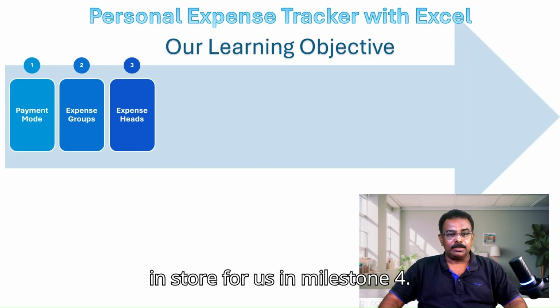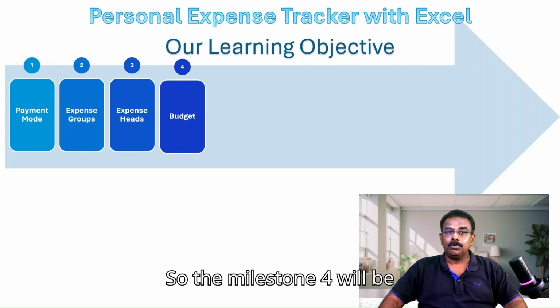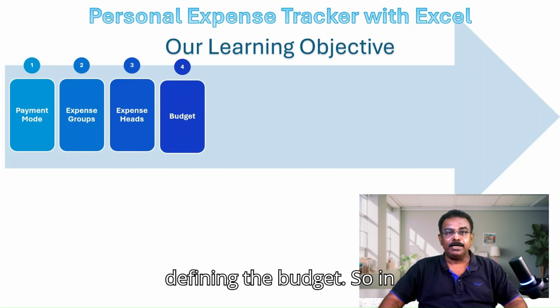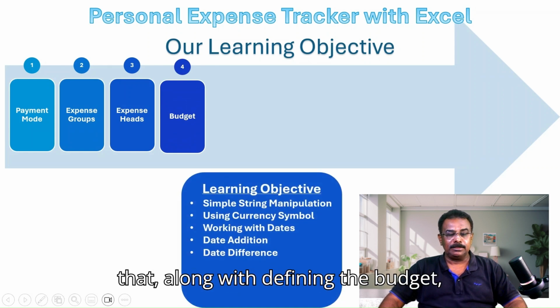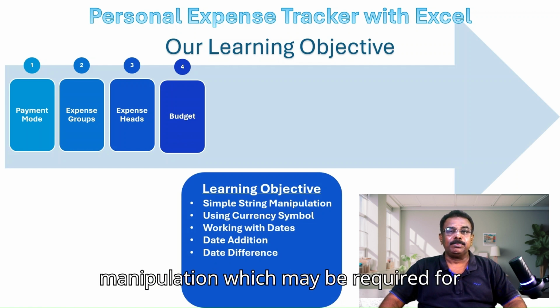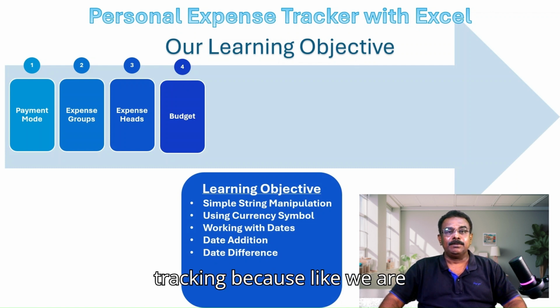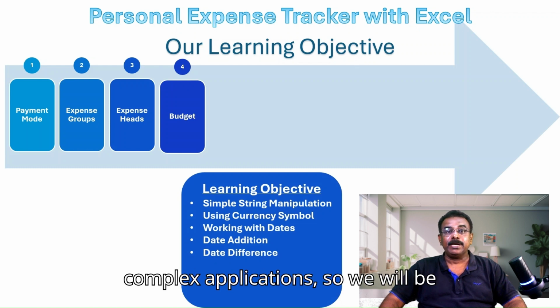What's in store for us in milestone 4? Milestone 4 will be creating the budget, or defining the budget. Along with defining the budget, we'll also be learning simple string manipulation, which may be required for using a formula in our budget tracking, because as we are starting Excel, we cannot use very complex applications.